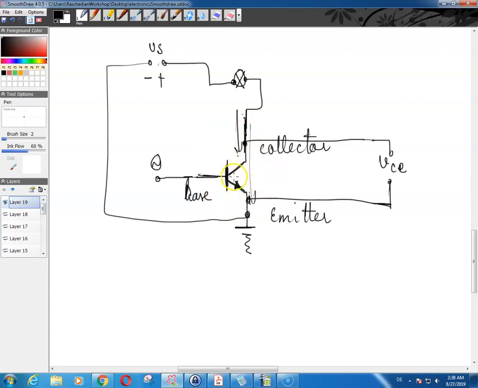And that's basically why, for specific tasks, you need a much bigger transistor on a heatsink, which can dissipate a whole lot of power.